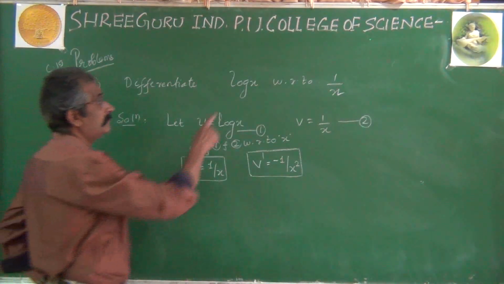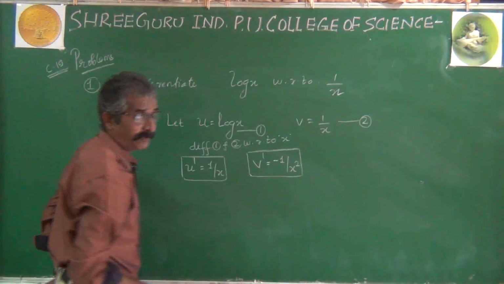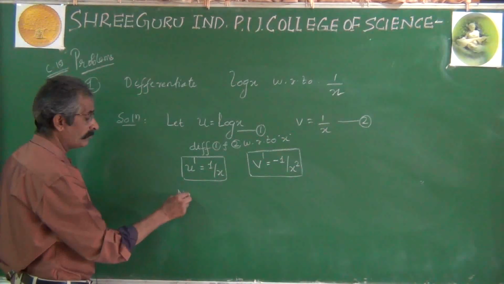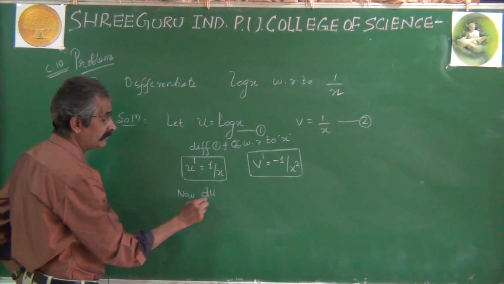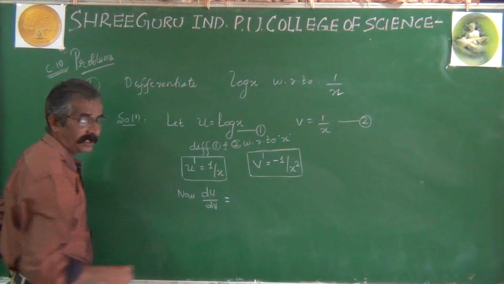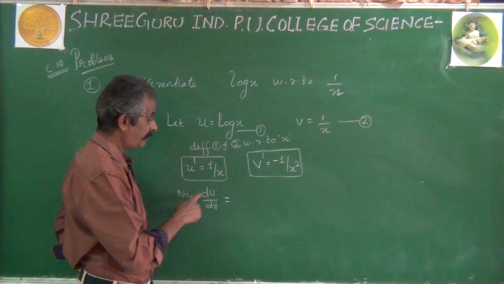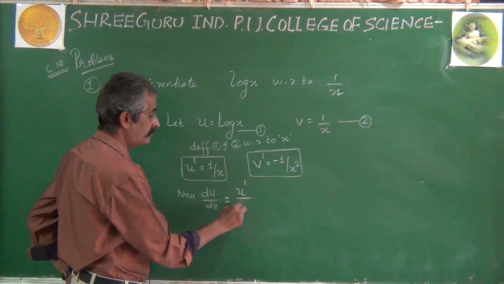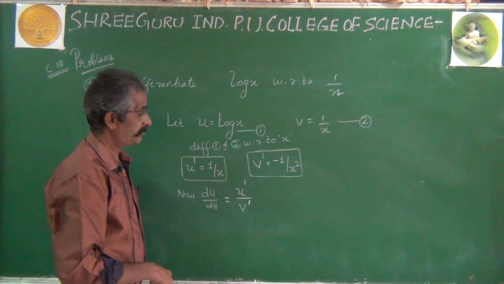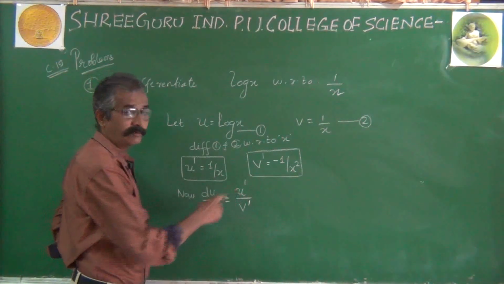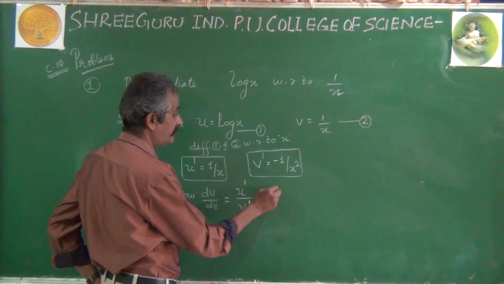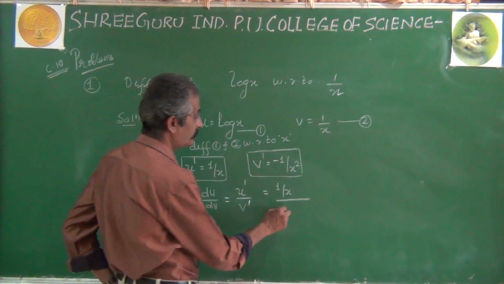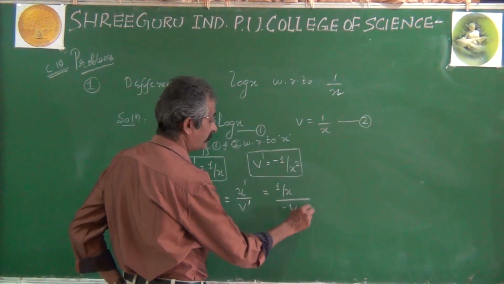Ours required is differentiation of u with respect to v, means the differentiation of log x with respect to 1 by x. That means now du by dv, what it is to be read as, derivative of u with respect to v function, it is given by formula u dash divided by v dash. Let's substitute values of u dash and v dash in this form. u dash is 1 divided by x, whole divided by v dash value, minus 1 divided by x square.